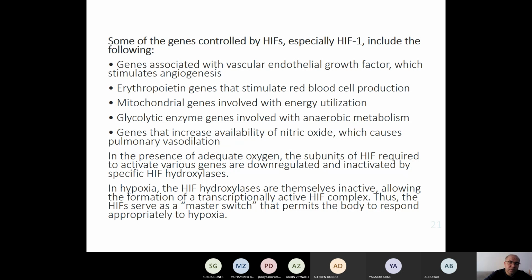Thus, the hypoxia-inducible factors serve as a master switch that permits the body to respond appropriately to hypoxia. The scientists who discovered this hypoxia-inducible factor for erythropoietin formation in hypoxic conditions got the Nobel Prize a few years ago.